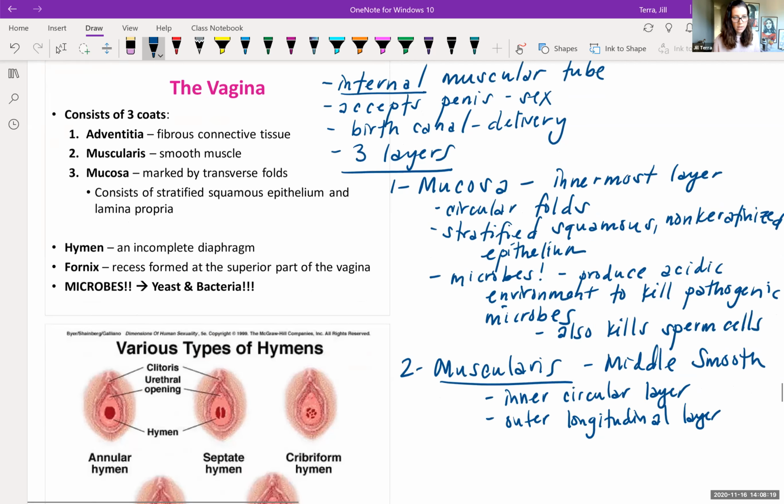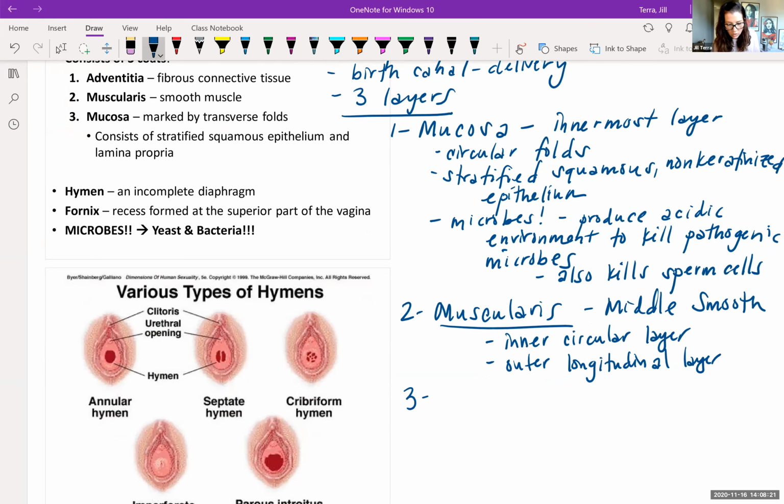And then lastly, there is an outer connective tissue layer, the adventitia, which is dense irregular connective tissue, with strength in all directions to strengthen and protect, right?